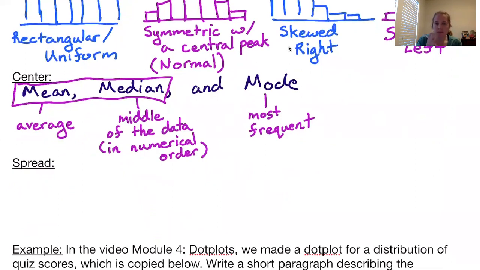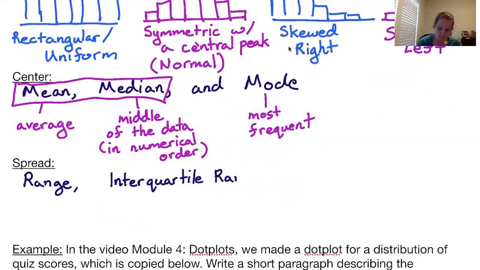Next up, we have spread. We will have lots of ways of describing spread. To describe spread, we will have the range. We will have something called the interquartile range. And then we will have something called standard deviation.